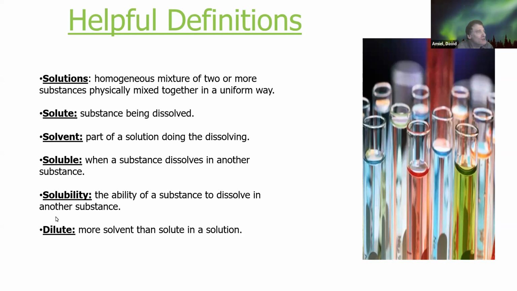When you dilute a chemical mixture, you add solvent, not solute. So there's less solute and more solvent, and that changes its concentration. That's called dilution, and that's what dilute means.